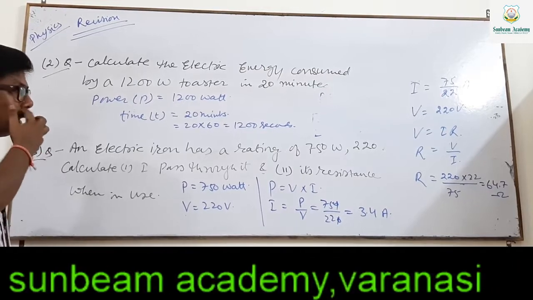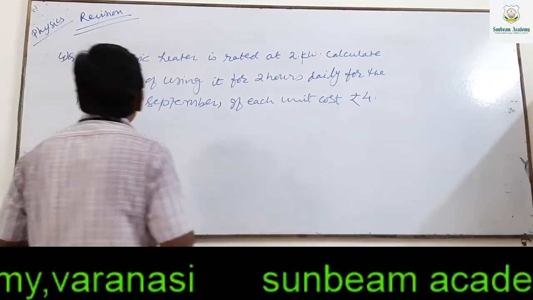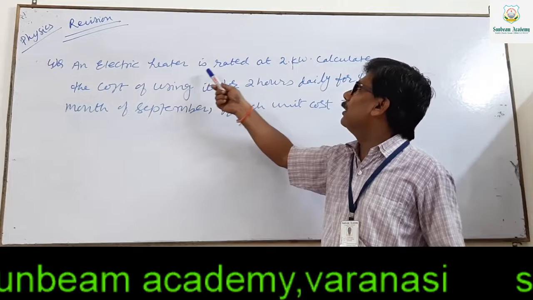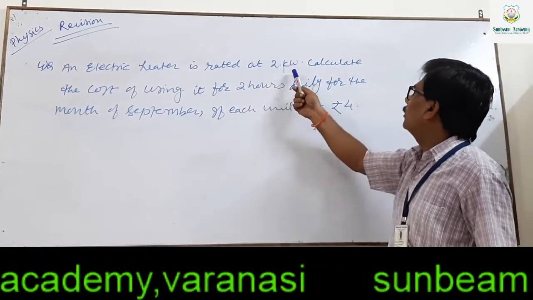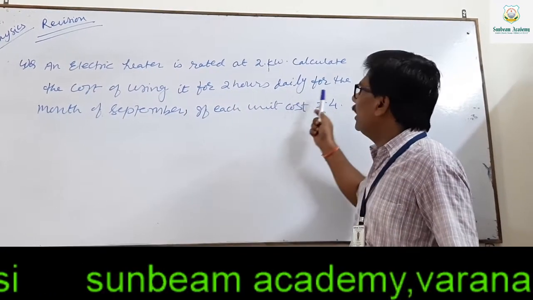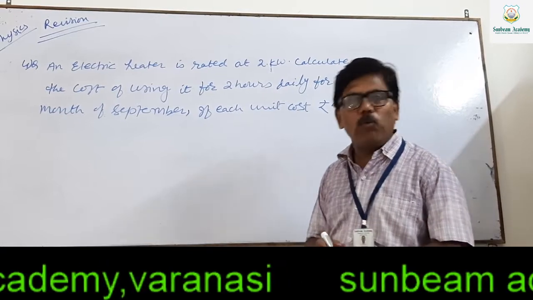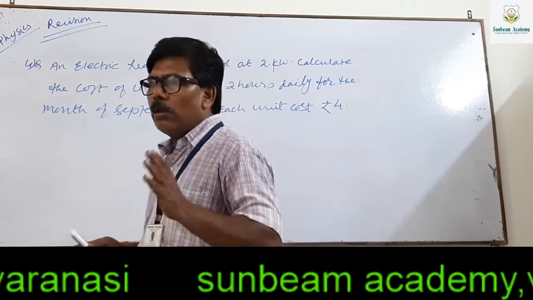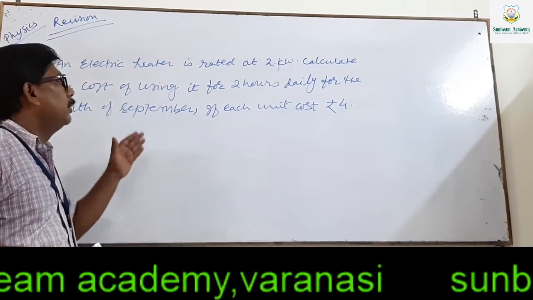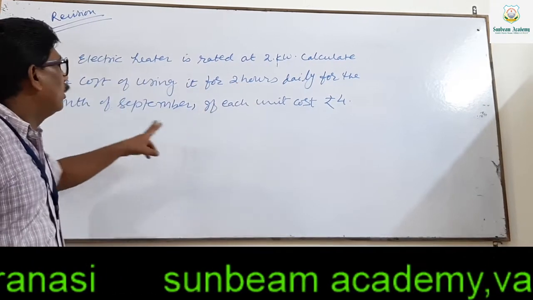Now let us see the next numerical. An electric heater is rated at 2 kilowatt. Calculate the cost of using it for 2 hours daily for the month of September if each unit costs rupees 4. Now children, here you have to calculate the electrical energy consumed by this instrument when you use it 2 hours daily in the whole month.